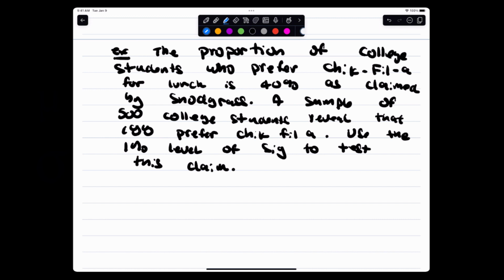The proportion of college students who prefer Chick-fil-A for lunch is 40%, as claimed by Snodgrass. Okay, you guys okay with that?